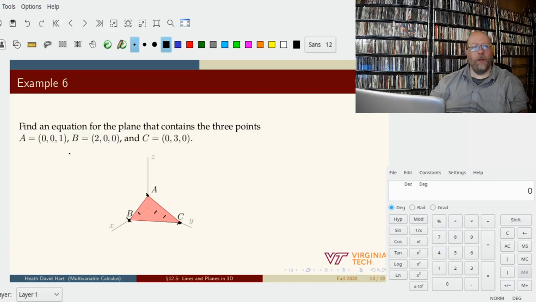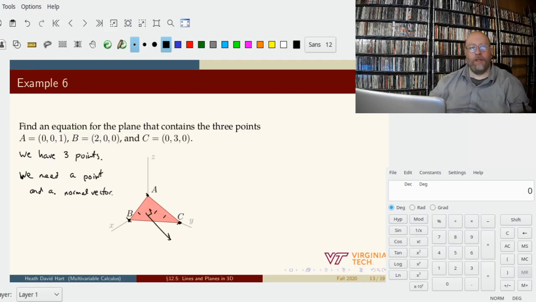Okay? So we have 3 points. What we need is a point, and we've got those, and a normal vector. We need the vector that forms a right angle with this plane. And we don't have that.